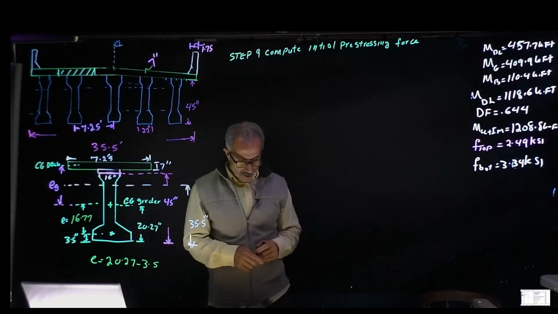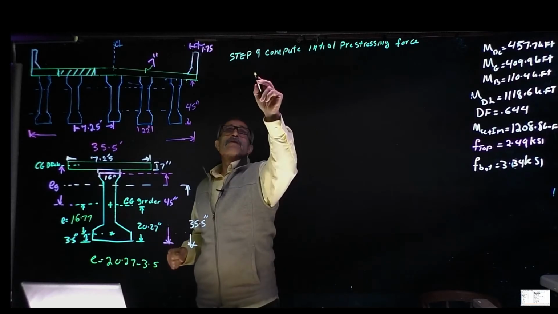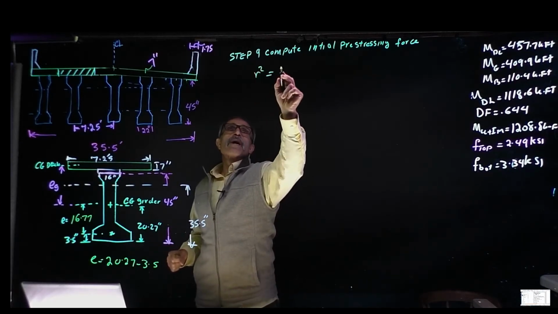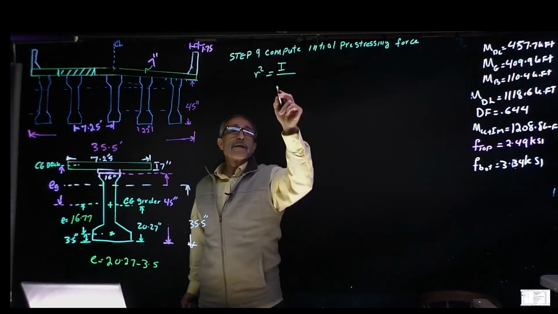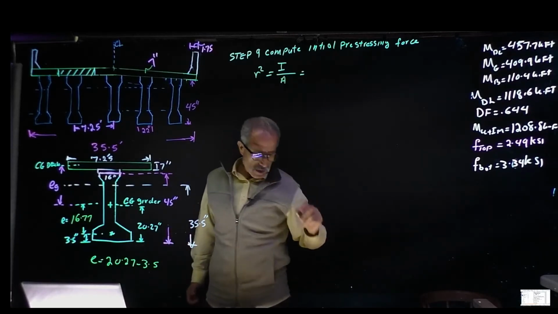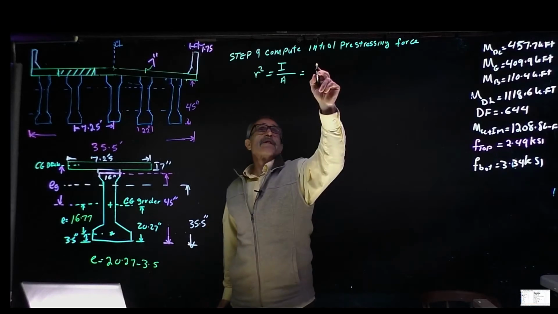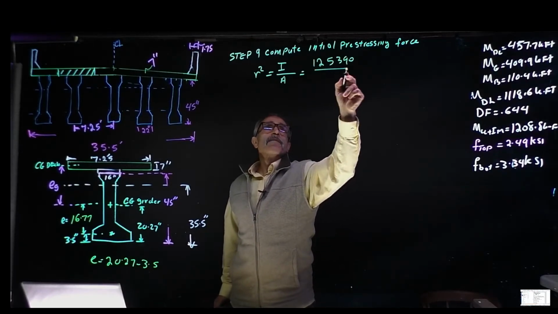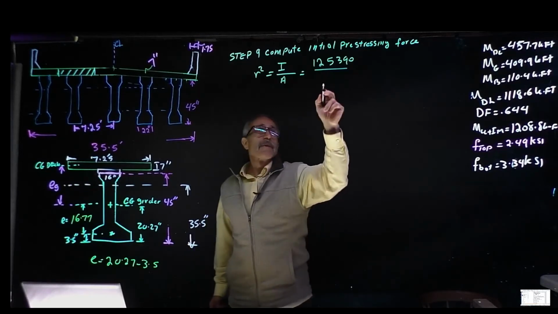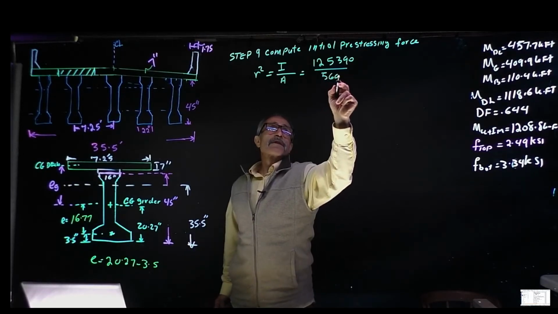And then we're going to calculate the radius of gyration. So r squared is equal to I divided by area. And our I was 125,390. Divide that by the area, which was 560, I believe I'm correct. 560.